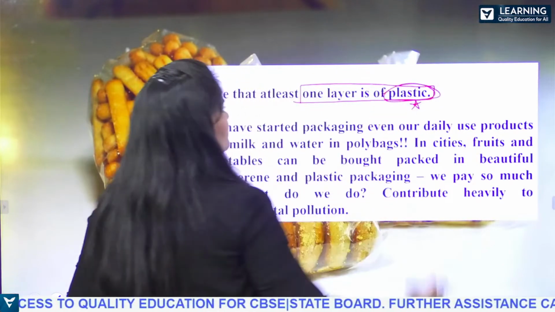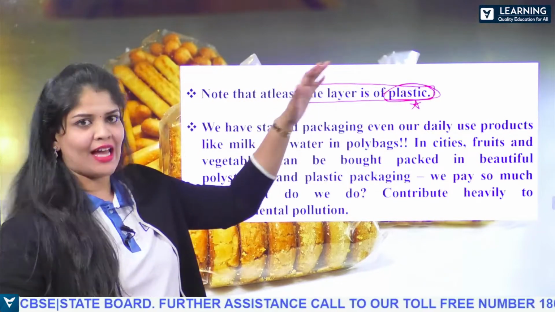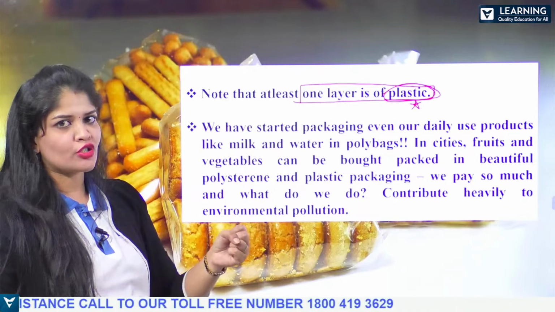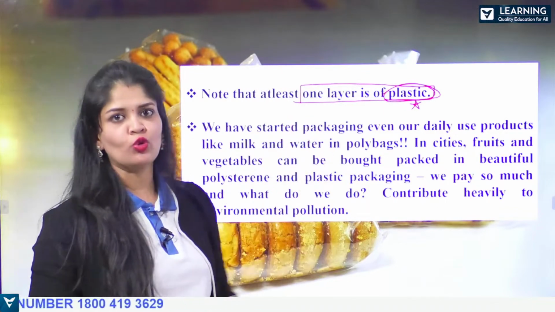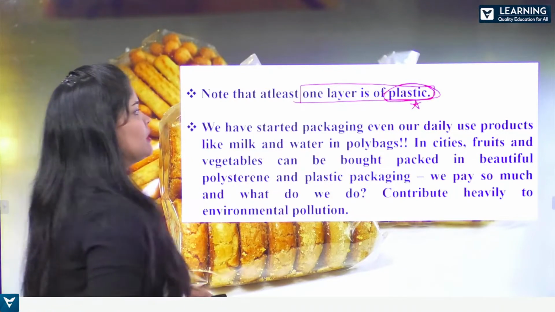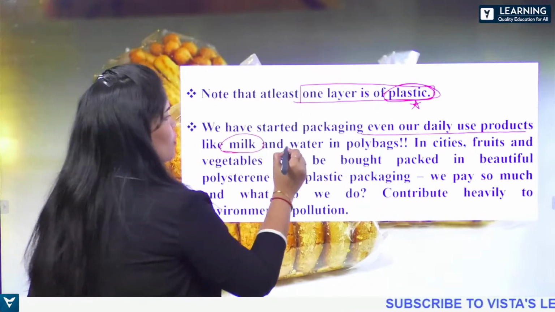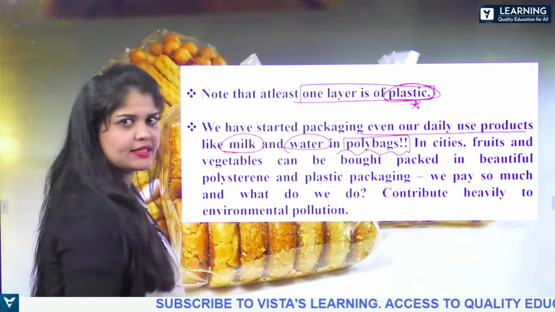And this is the one which is creating a lot of damage by obstructing the penetration of water into the deeper layers, thereby affecting the level of the groundwater. So we have started packing even our daily use products like milk and water in poly bags, polythenes, right?